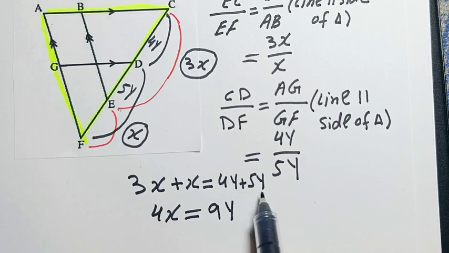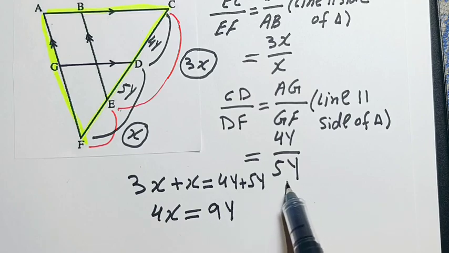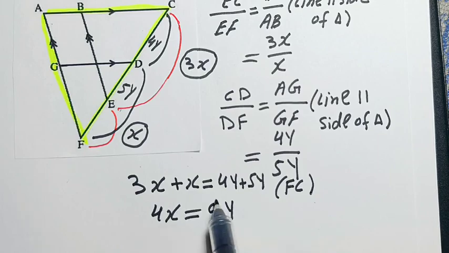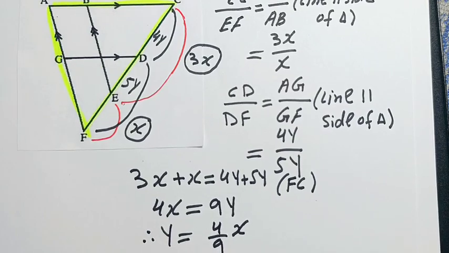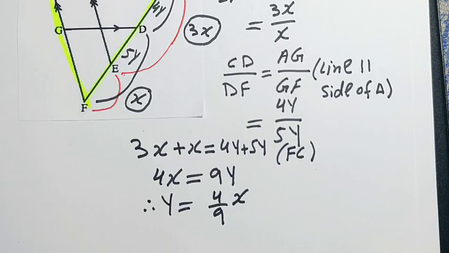I need to isolate one of the variables. Why? Because this whole FC, I must write in a bracket, because the whole FC has a clash. So therefore I isolate y. It's going to be both sides divided by 9, so 4 over 9 x. So we have y value as 4 over 9 x.